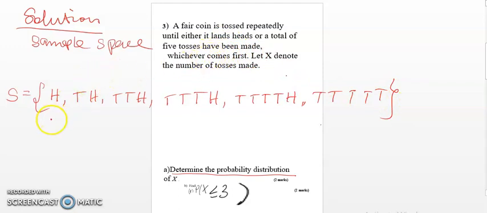So the number of our sample space as it is here is equal to 1, 2, 3, 4, 5, and 6. So the number is 6. Here x represents the number of tosses.